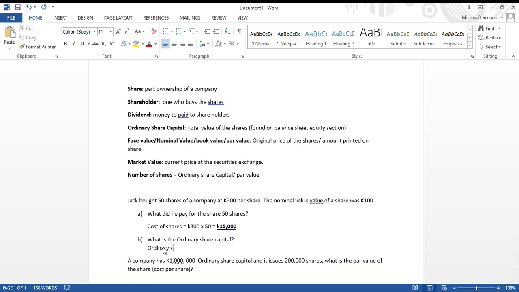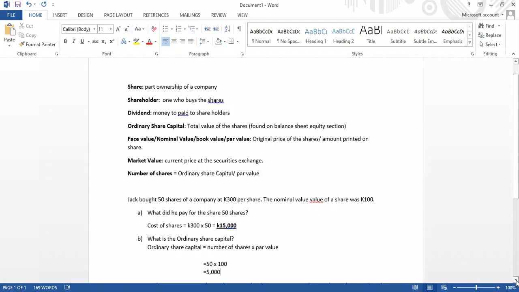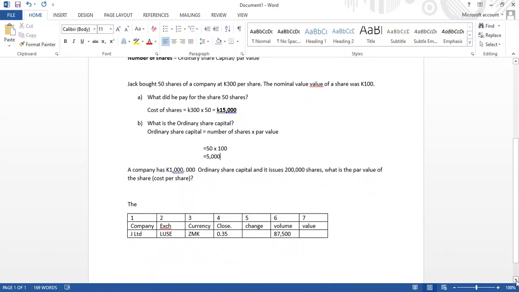As we can see from this formula, ordinary share capital equals the number of shares multiplied by the par value, the nominal value, or the book value. He had 50 shares, multiplied by the par value of 100. So the ordinary share capital of this company is 5,000.